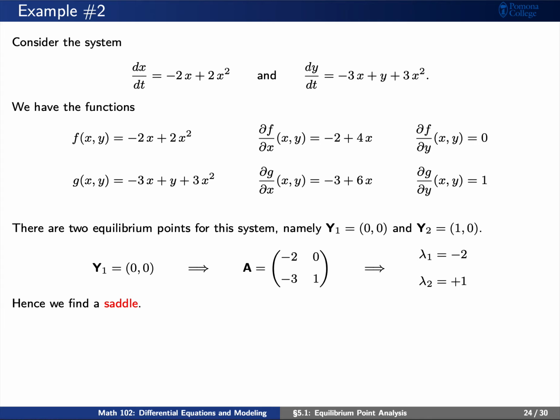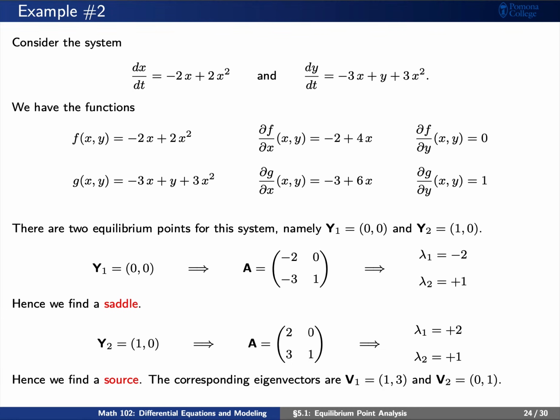Since we have real numbers that have different signs, we find that near this point, the origin, we should have a saddle. On the other hand, let's consider the next equilibrium point, namely (1, 0). We find that our Jacobian matrix, capital A in this case, is [2, 0; 3, 1].